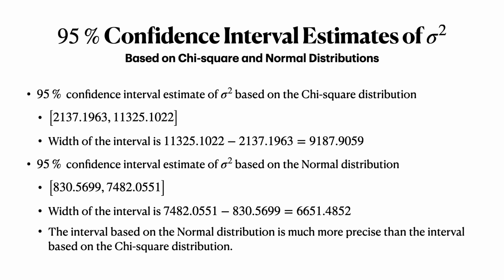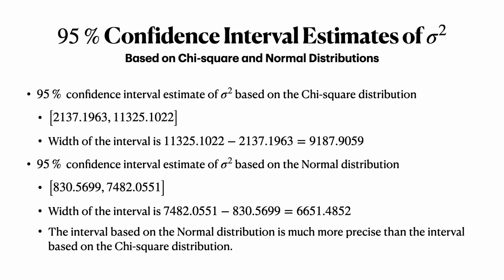Again, that is an asymmetric interval, with the portion of the interval above the point estimate being 3.55 times longer than the portion of the interval below the point estimate. And that's a good thing. The width of the interval is 9187.9059.